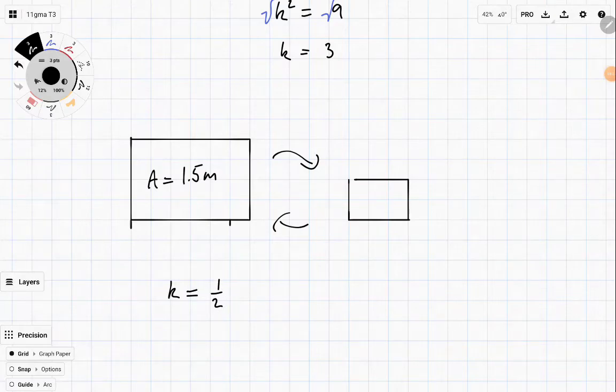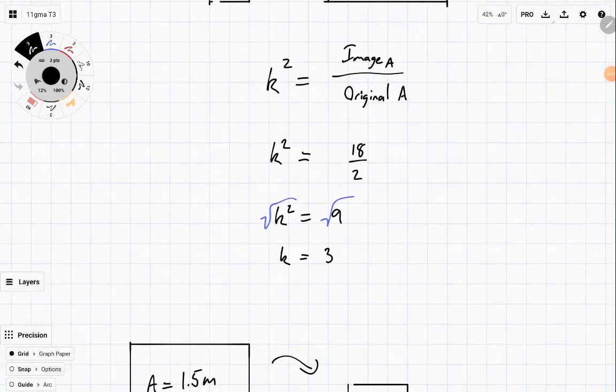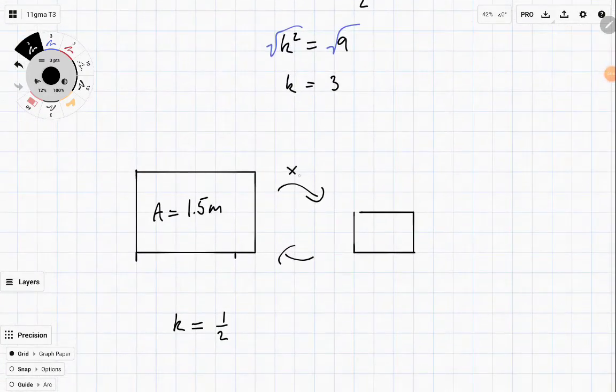So it means the second one should be half as small. Well, in order to work out the area, area is affected not by k, but by k squared. So to get to here, I would multiply by k squared, and to get back, I would divide by k squared. Because remember, I'm not thinking about the side lengths anymore, I'm thinking specifically about area.